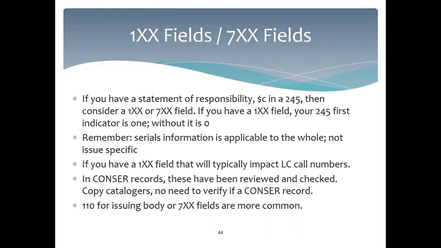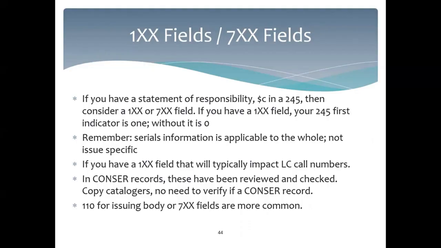Like if we know the University of Florida chemistry department creates this chemistry magazine, and all the different faculty are involved in it, then we might list the University of Florida chemistry department possibly in that subfield C as the people associated with it.